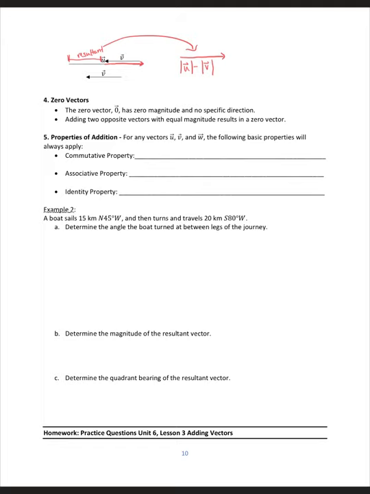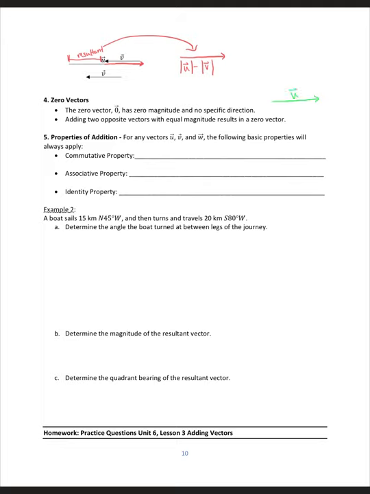Okay, zero vectors, this should be no surprise. This is just like adding 0 to any integer. So the zero vector has 0 magnitude and no specific direction. So adding two opposite vectors with equal magnitude results in a 0 vector. So what I mean by that is if we have a vector, let's say moving to the right, and we will call it vector u.